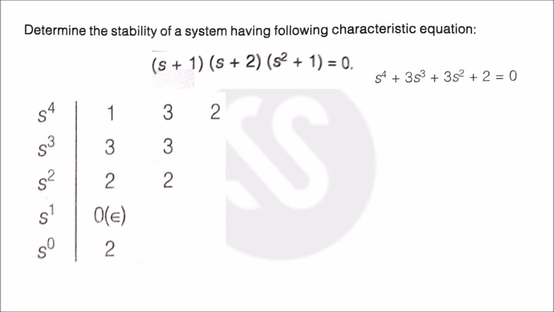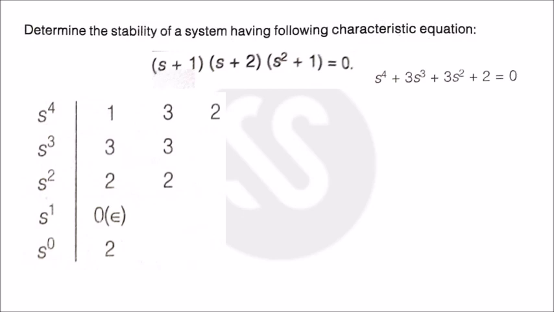But we have found that the system is marginally stable. So it is very clear that if you have a 0 in any element of the first column, then the system is marginally stable.